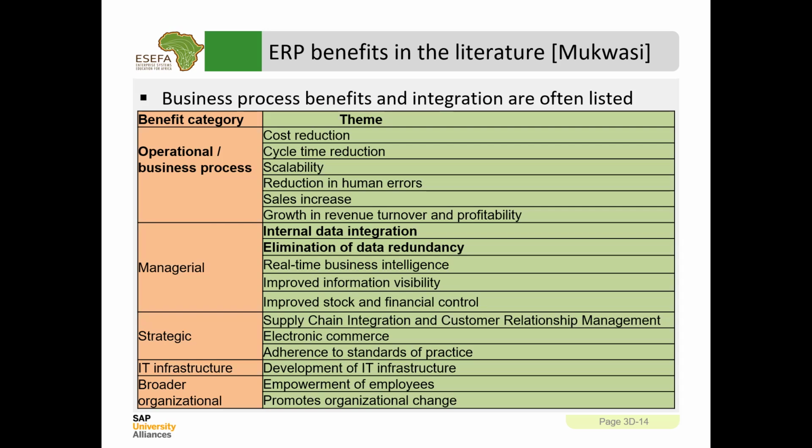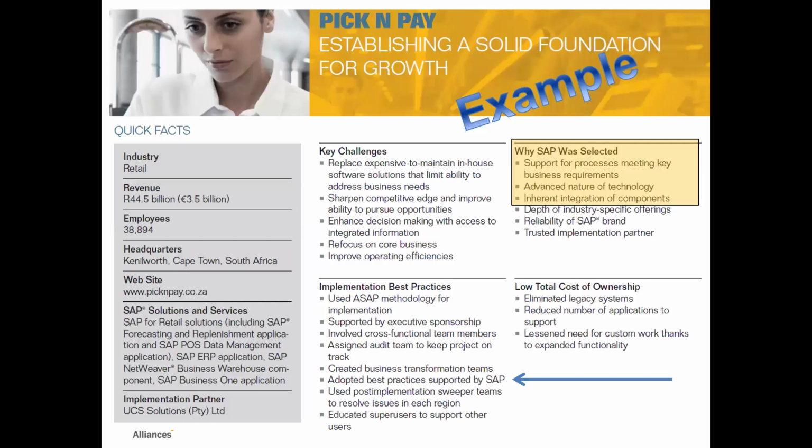At least I can easily do my work right from my room, right from my office, and it promotes organizational change. So if there's going to be an effect, there's going to be a change. It affects all of them. So there is improvement in the business process. So these are some of the benefits of SAP and their various categories.